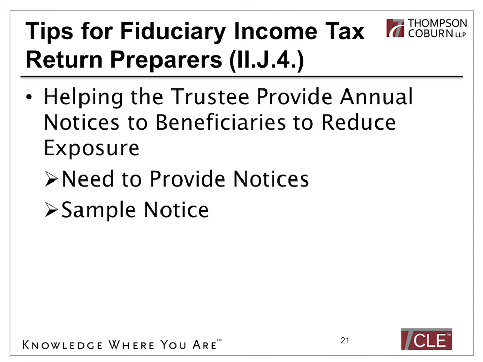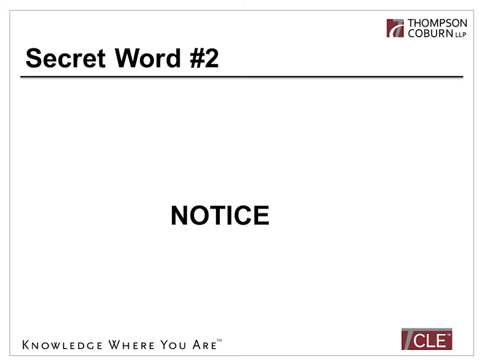The other thing we're going to talk about briefly is just helping the trustee provide annual notices to the beneficiaries, which could reduce the liability exposure to the trustee and hopefully shorten the period during which a trustee could be sued. Going on to slide 22, we have our next code word, which is notice to the beneficiaries.